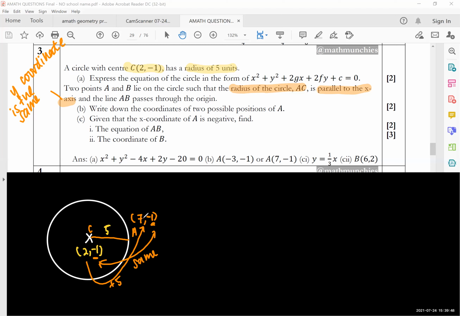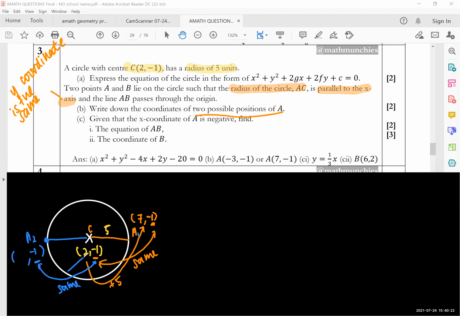But they say there are 2 possible positions. So does it mean it's just only on the extreme right? On the extreme left also. Yes, there's also another extreme left, and I know that the y coordinate is the same again. So this is maybe A1 and here maybe A2.